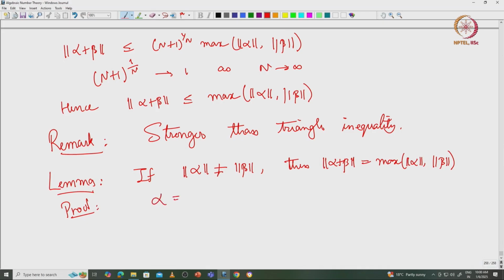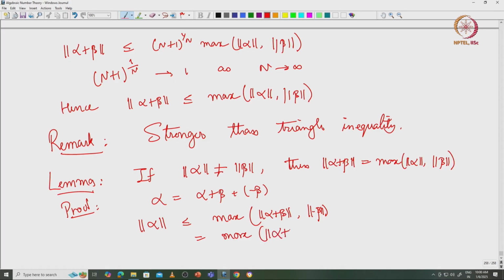What you do is you write alpha as alpha plus beta plus minus beta, and so you get valuation of alpha is less than or equal to max of valuation of alpha plus beta, comma valuation of minus beta, but that is same as valuation of beta. So, this is max of valuation of alpha plus beta, valuation of beta.